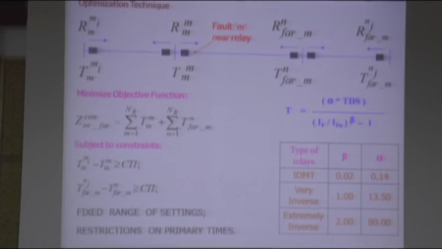Those are known as primary relays. If they fail to operate, then the one at the extreme left end, that relay should operate in case that RMM does not operate. Similarly, that R for MN is required to operate from that side, and if that does not operate, the last one RNJ for M is required to operate.